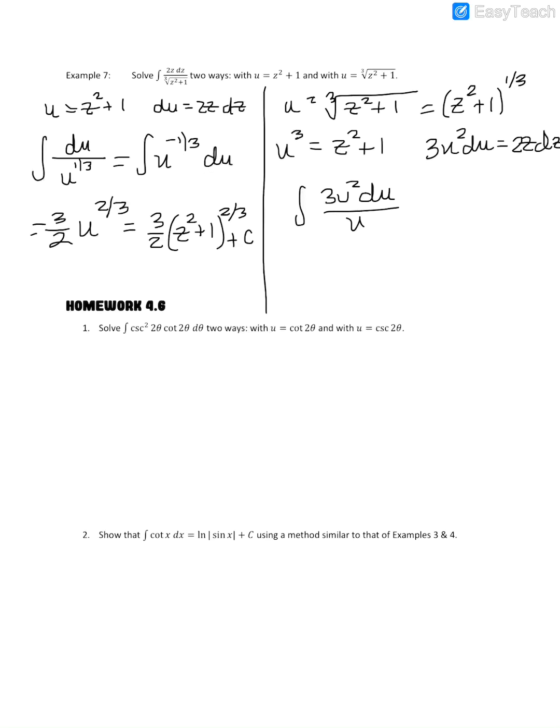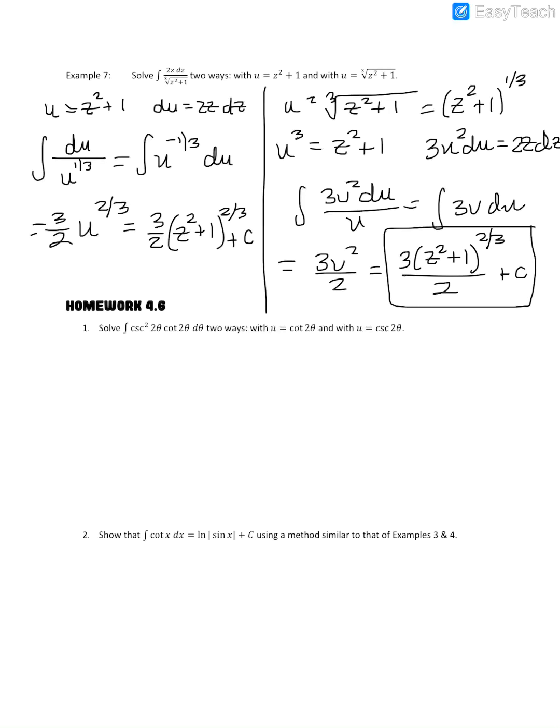I can reduce this: I have a u squared on the top, I have a u on the bottom. So this gives me 3u du. Add 1, divide by 2, plug back in. Now, this is u squared, but remember what my u was? It had a 1/3, so I'm going to get 2/3. And I get the same answer.